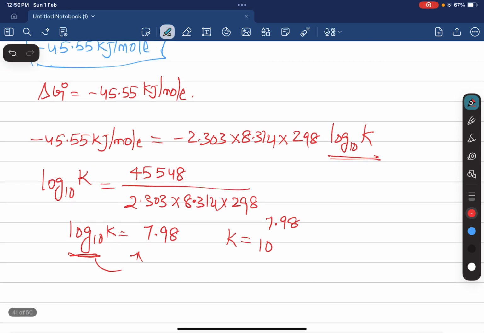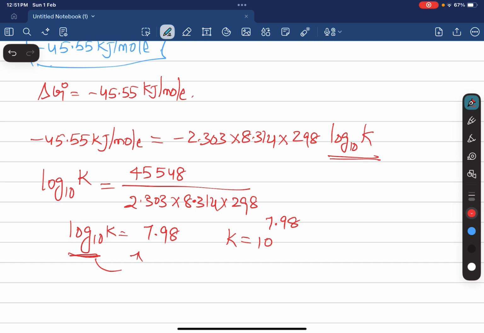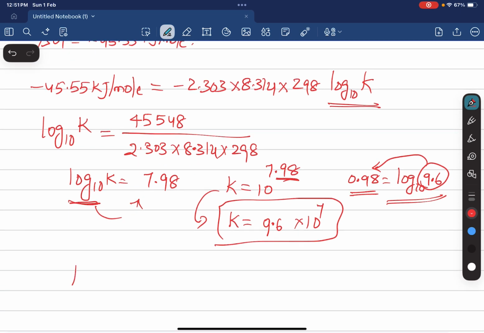This 10 power 7.98 can be written as 10 power 7 into 10 power 0.98. We write 0.98 as log 9.6, because log 9.6 equals 0.98. That's why we are dividing like this.